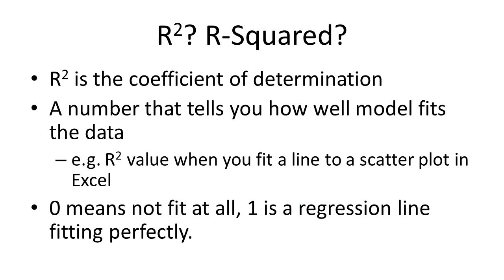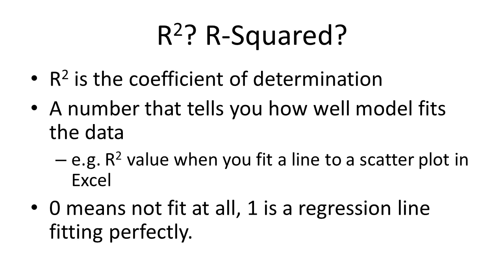And then finally, I just want to cover this for your own education and knowledge. If any of you worked in Excel, I'm sure you tried to fit a line to some data, maybe in physics lab or something else, and you would get an r squared value.